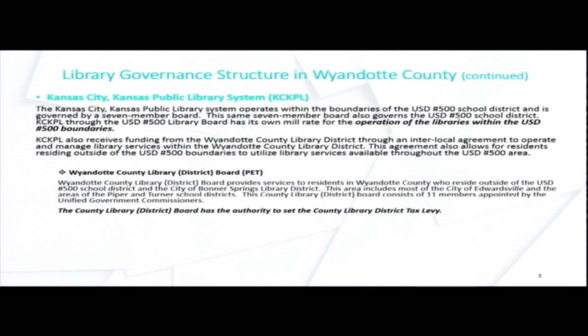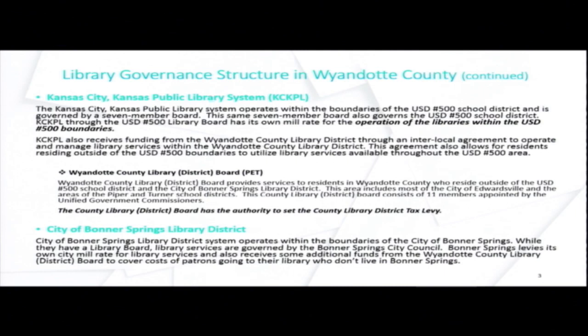The school districts of Piper and Turner are not necessarily involved in this governance; I'm just referring to them geographically. The library district board consists of 11 members, and all of these members are appointed by the Unified Government Commissioners, all of you. The library district board has the authority to set their own library district tax levy.